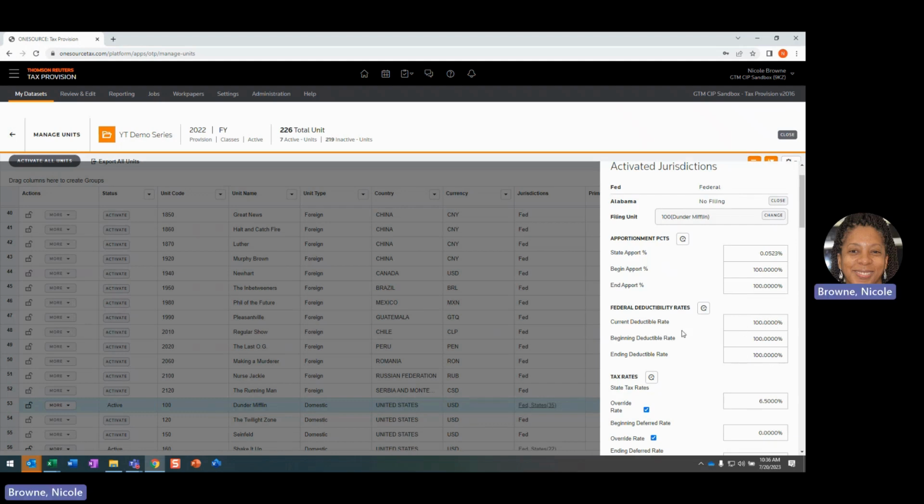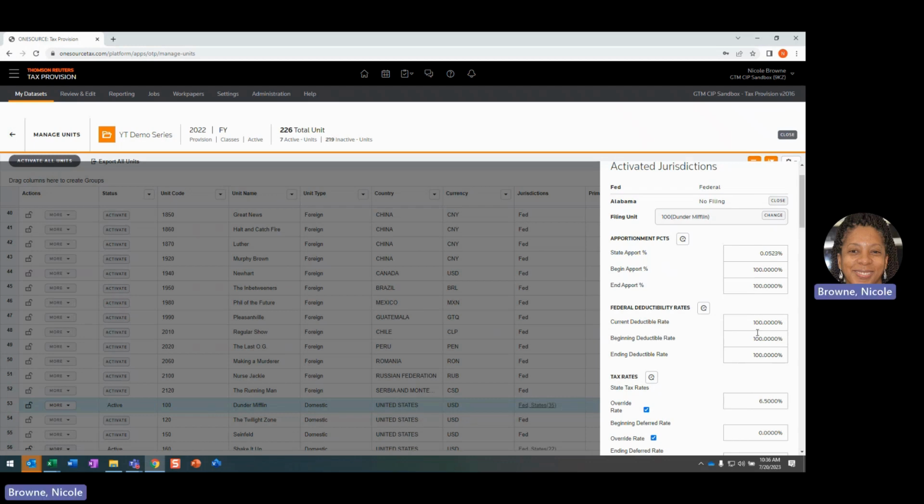If we set up the current deductible rate and the beginning and ending deferred deductible rates at 100%, we're saying that whatever our statutory rate is for the federal, we want to take that, multiply it by 100%, and subtract it from the state amount that has been calculated.